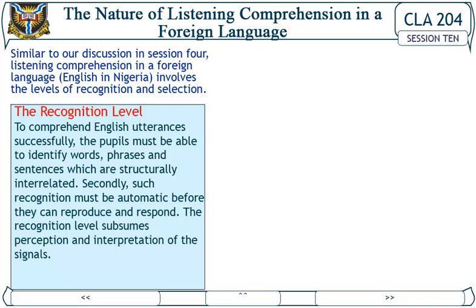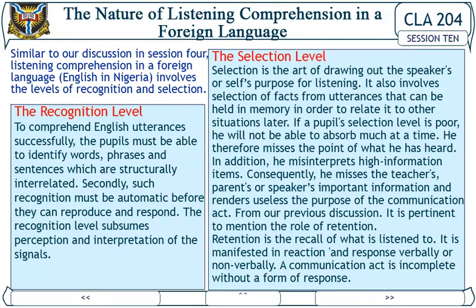The nature of listening comprehension in a foreign language. Similar to our discussion in study session 4, listening comprehension in a foreign language, that is English in Nigeria, involves the level of recognition and selection. The recognition level.